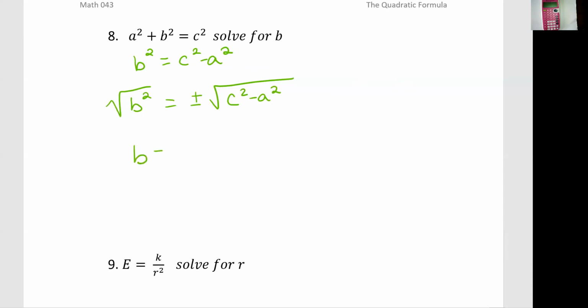So b is equal to plus or minus the square root of c squared minus a squared. And that cannot be simplified any further. If you would prefer, you can have b is equal to plus or minus the square root of negative a squared plus c squared if you like. But that is simplified.